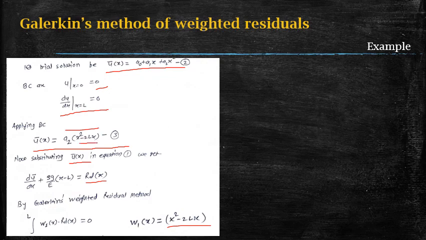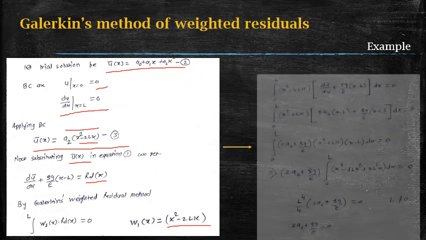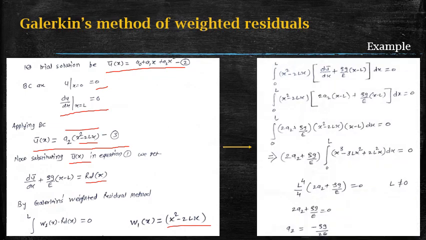Now as we go on solving this integral, you can see that this integral is a function of x and a2. So upon solving this integral, we obtain this expression, twice a2 plus rho g by e is equal to 0.